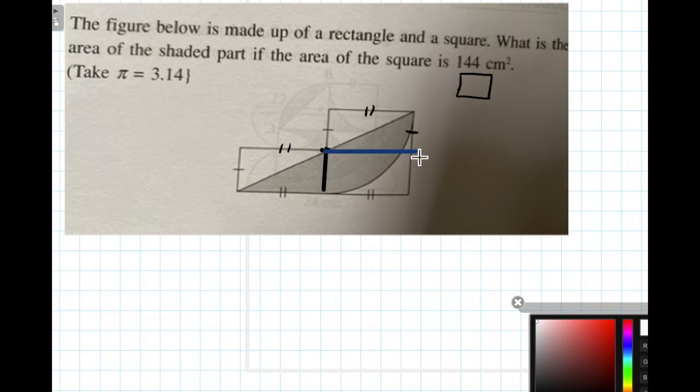Correct or not? Because you know this 9 here will be the same as this 9. And this 9 here will be the same as this 9. So now it's asking you what is the area of the shaded part. The shaded part will be this part here.